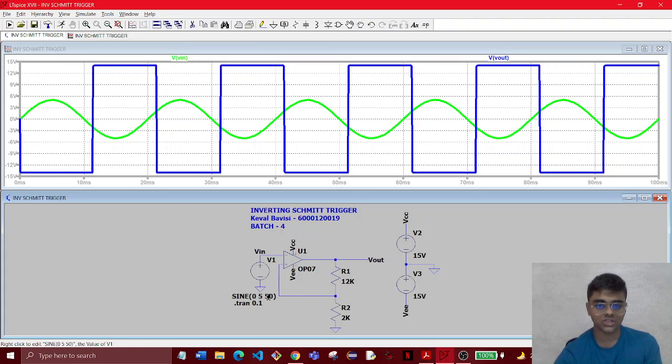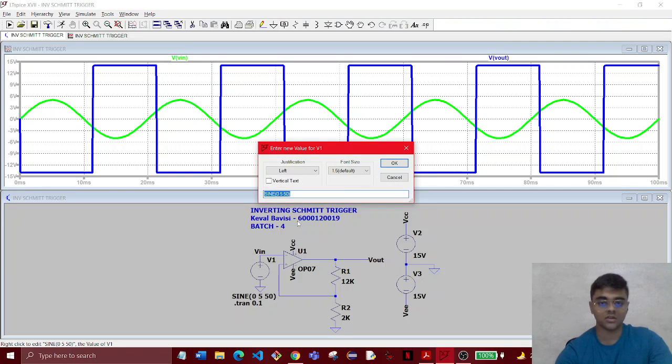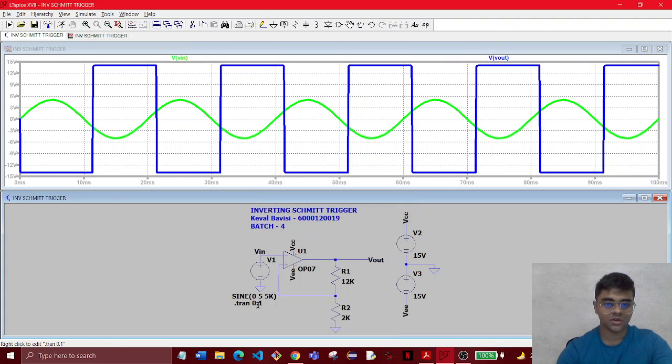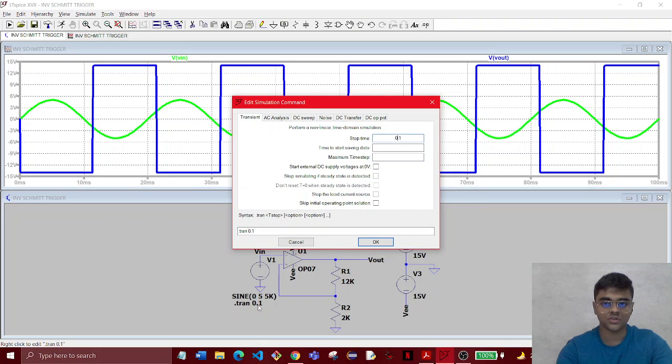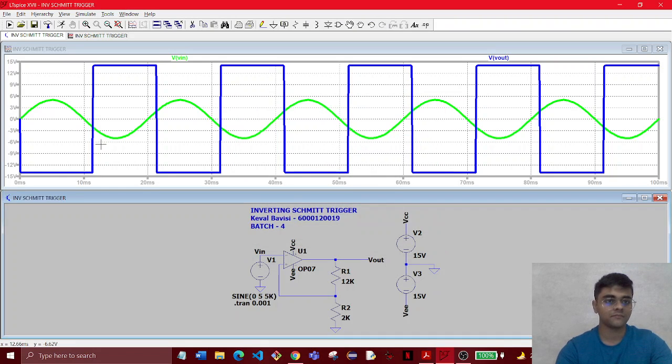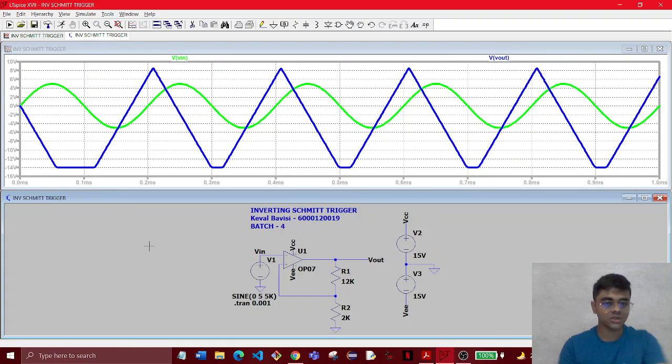Our main issue was at a higher frequency, so let's check that for 5K and a transient of 0.001. See this. As you can see, it still has this triangular waveform over here, but the output is not deviated from its path.